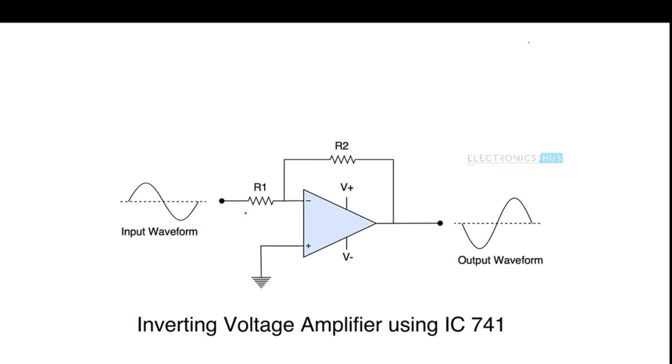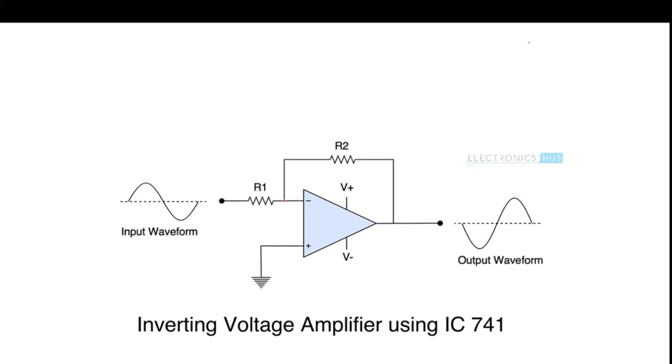So here the current enters via R1, and you will find this point. This point is nothing but a node. At this node point, two currents are made. One is the R1 current I1, the other is the I2, the output current or feedback current. The feedback current comes like that only. So this is the input current here.